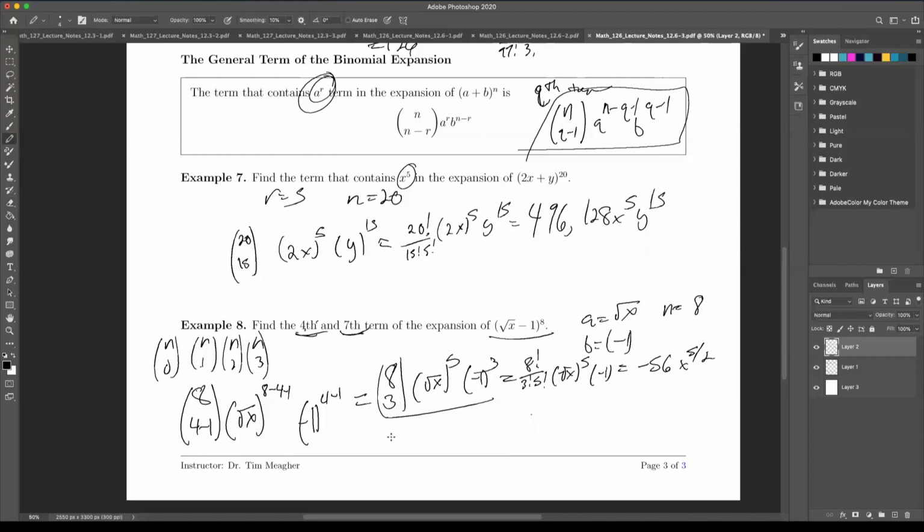let's do the seventh term. So this is the fourth. For the seventh term, we're just going to plug it into the formula I made, right?